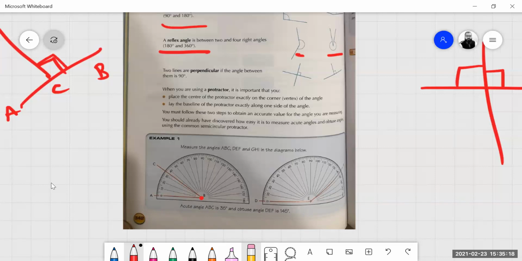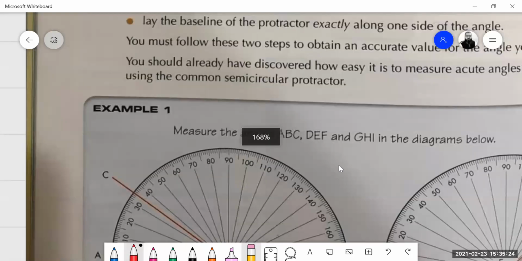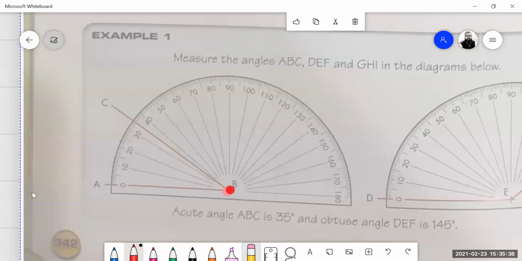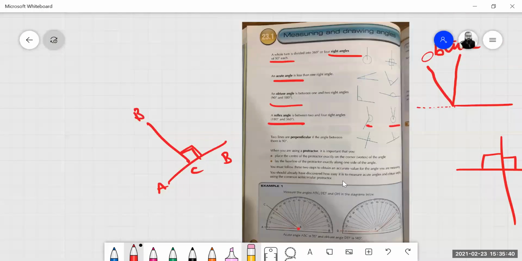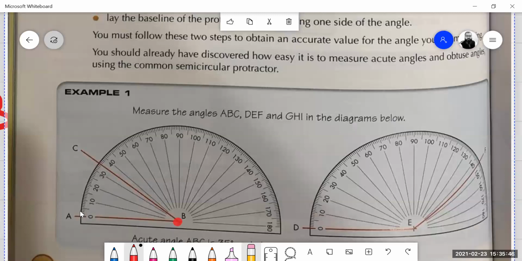Look, I am magnifying this. This line should be on the line, and this point should be on the point from where you want to measure.